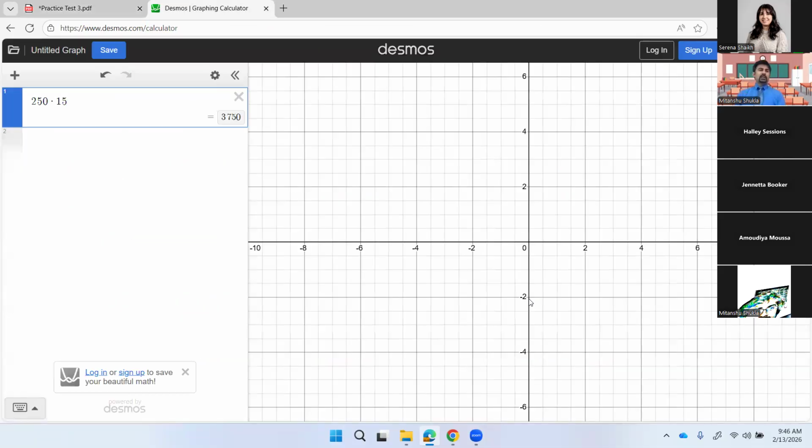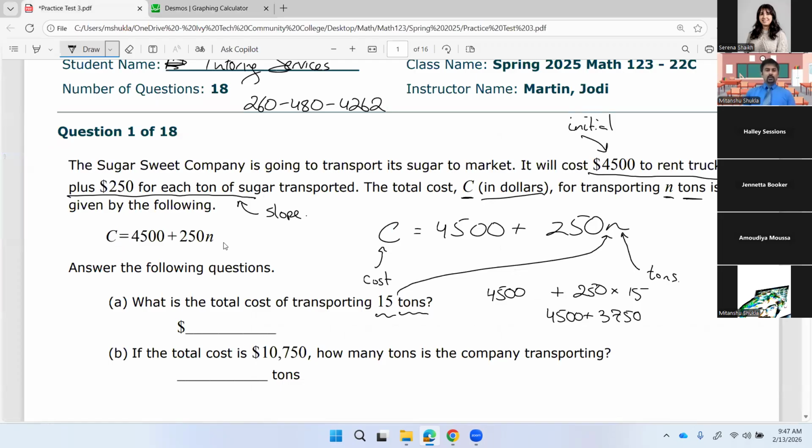So what is 3,750 plus 4,500? It's 8,250. So what is the total cost? It's 8,250 bucks.